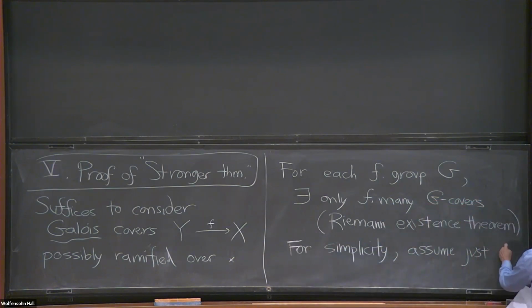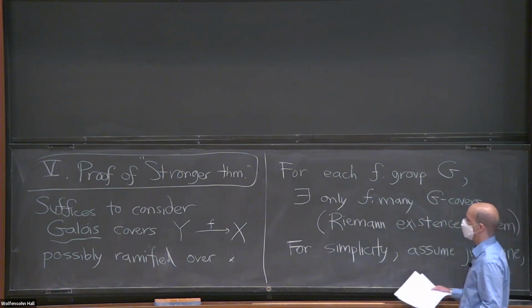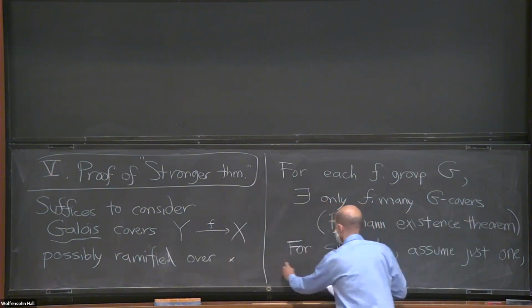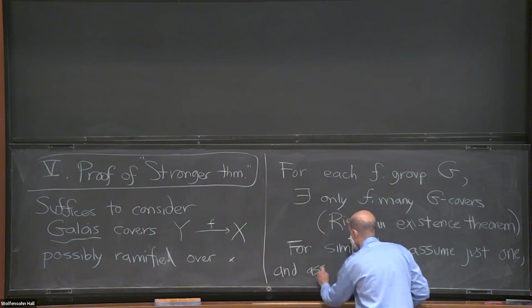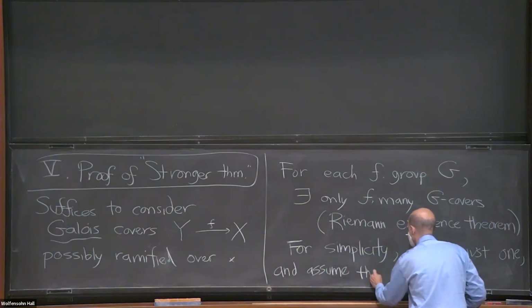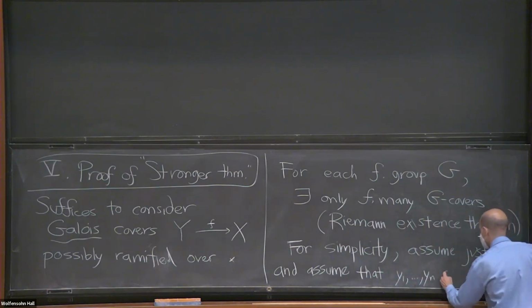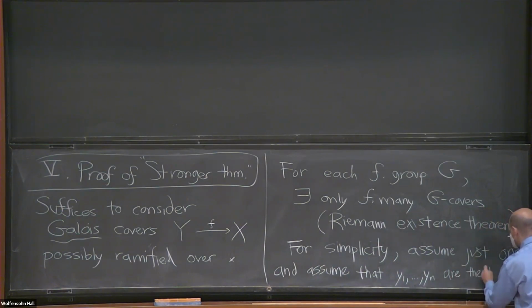Let's also assume that we're able to label in some coherent way the preimages of that point in Y. Assume that y1 through yn are the distinct preimages of this possibly ramified point of x.